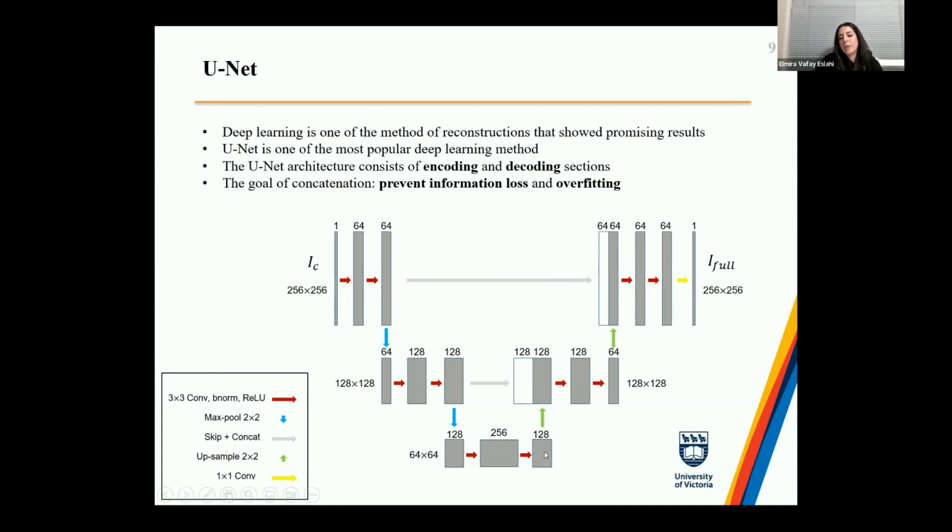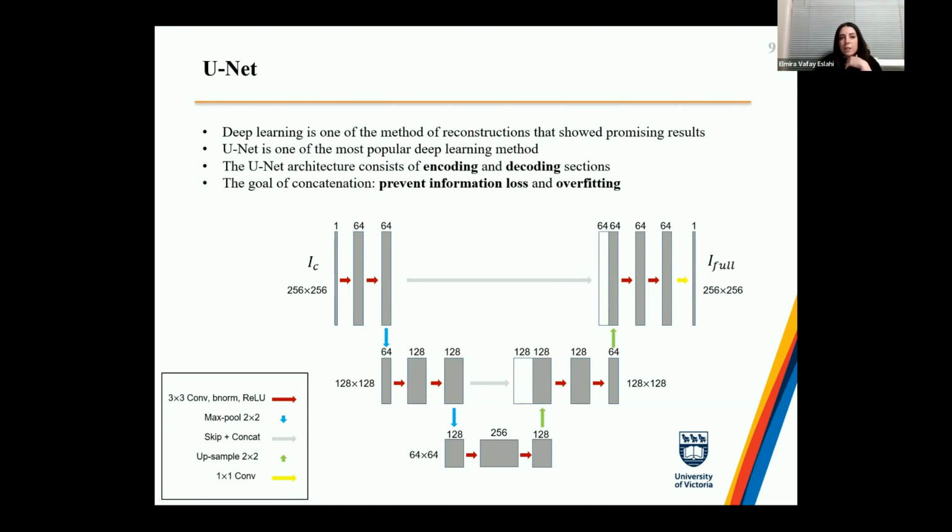And then we have our upsample 2x2, which doubles the size of the image, because we need the size of the output image to be the same as the size of the input image. So this is why we again do upsampling. And then in between we have concatenation.